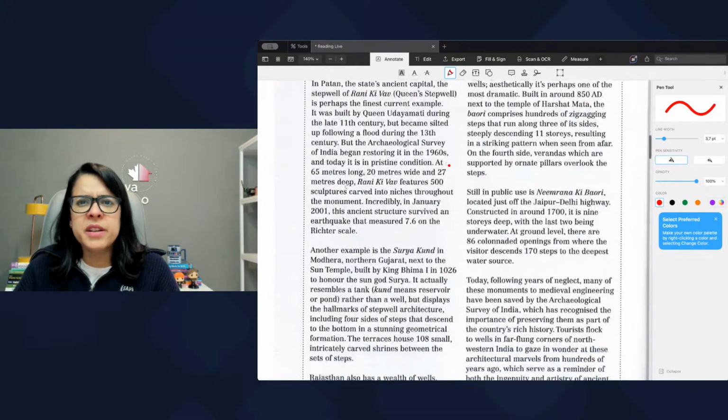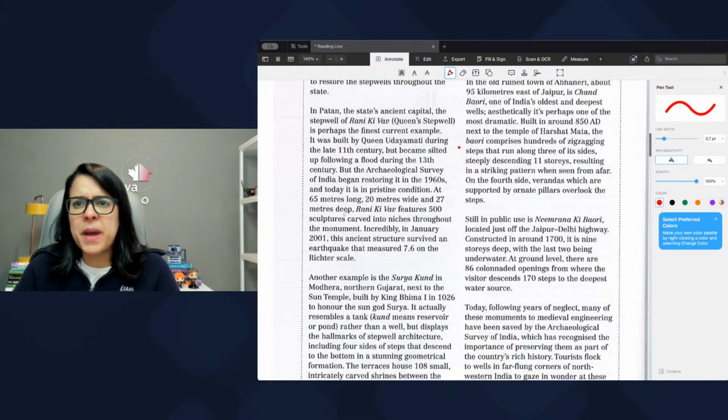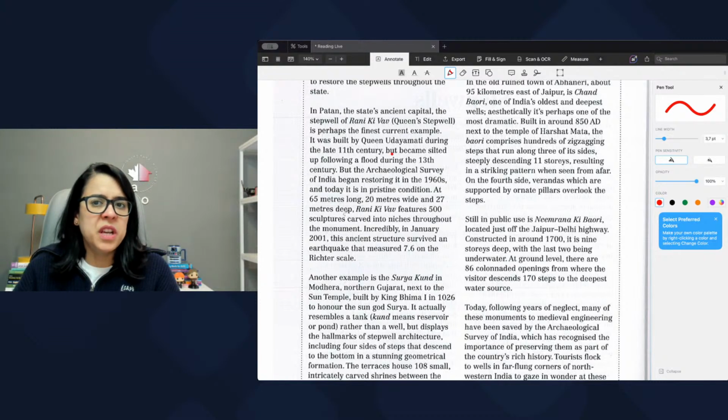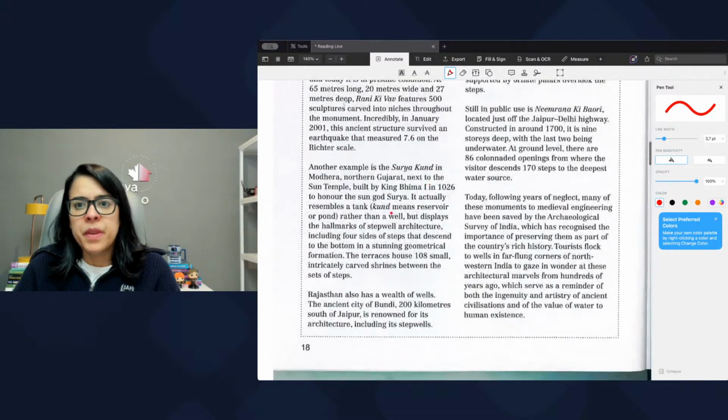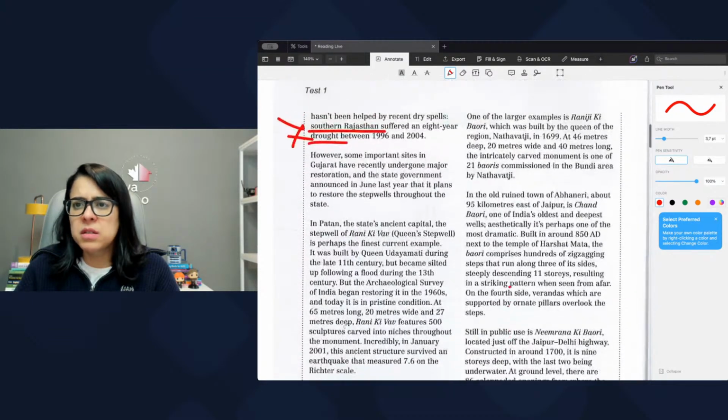Nothing here. Let's see the next paragraph. Archaeological, no. So nothing here. Another example, no. They don't say anything about visiting the place here. Nothing.